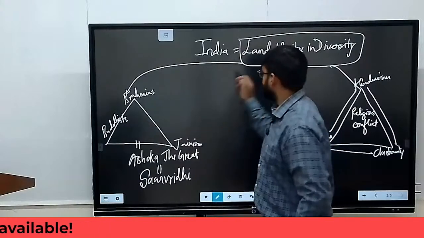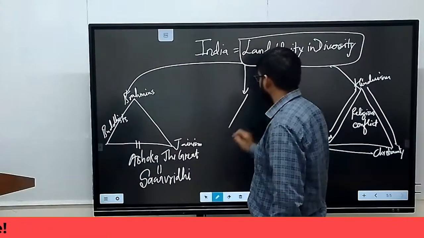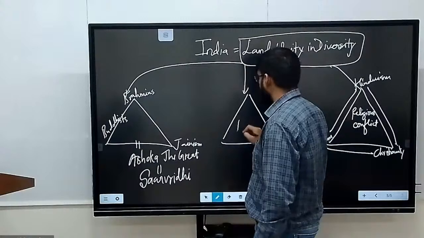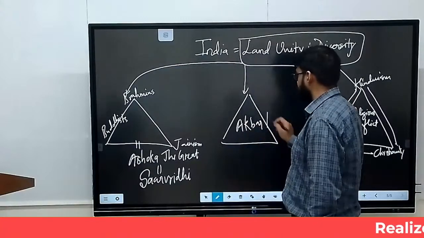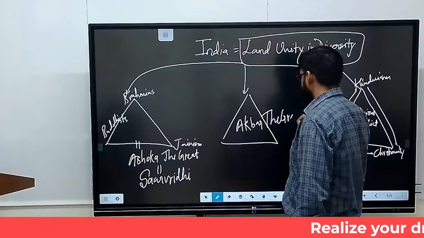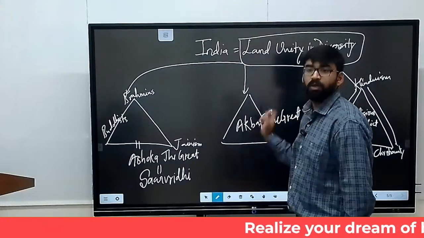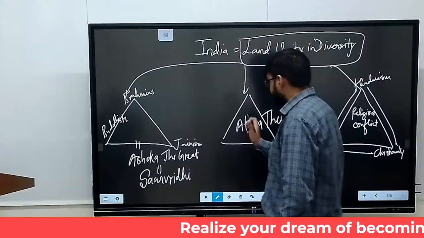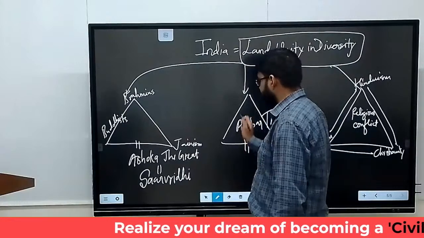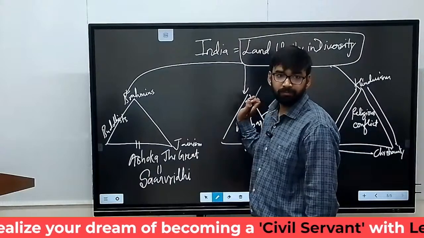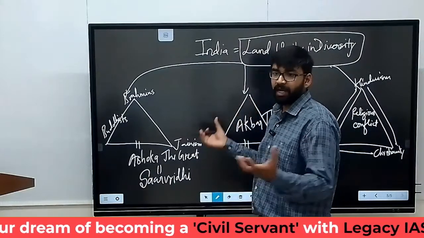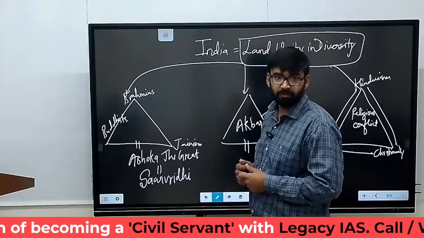Okay. Now, in medieval times, who was the great ruler? Akbar. In medieval times, he is called Akbar the Great. Why? Because in medieval times, the same thing was understood by Akbar: that India is a land of diversity. Getting my point?